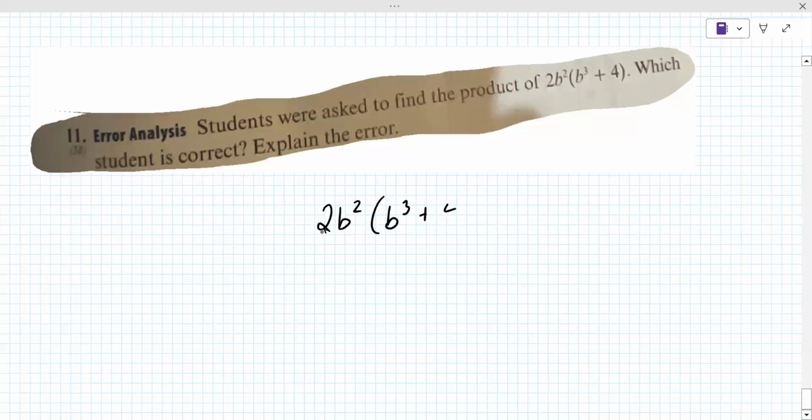B cubed plus 4. You're going to distribute this to both. So I'd like you to try that, and then we'll look at their answers and see where they went wrong. But it's better to kind of do it clean slate without being influenced by. Okay. 2 plus 4.